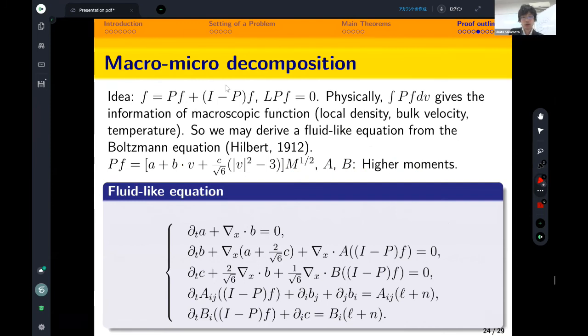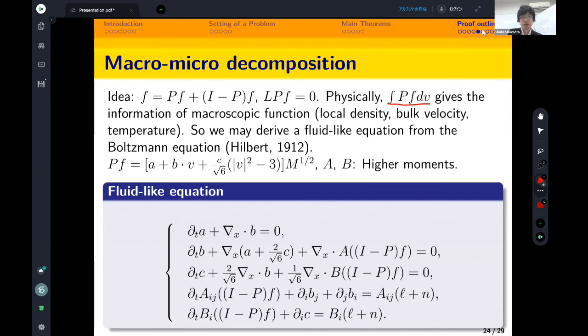Now, how do we get the PF part? Physically speaking, the velocity integral of PF represents the macroscopic quantities such as local density, bulk velocity, and temperature, and other macroscopic quantities such as the stress tensor or heat flux, etc., for higher order moments.